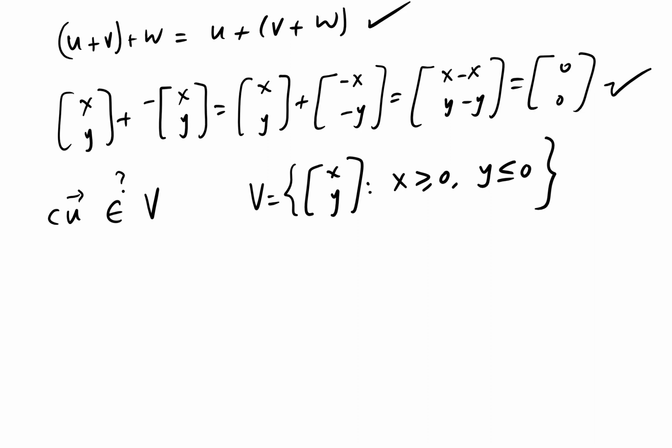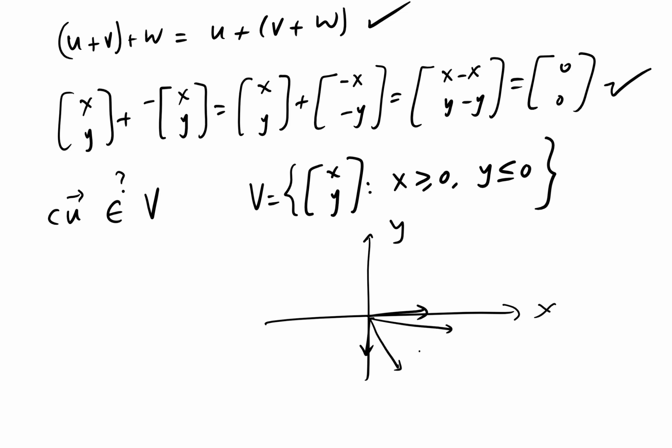So what he's saying, if you want to pick any vector, just so I can show you graphically what's going on: x positive, so you're going to go this way, and y negative. So it's somewhere, positive, negative. This is u plus v, let's say, or x plus y.